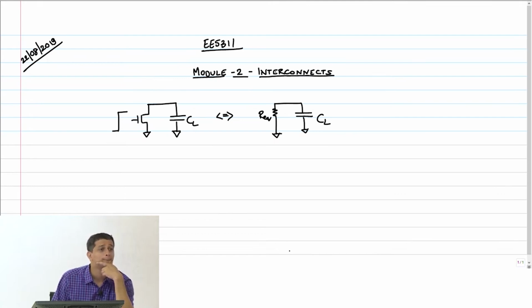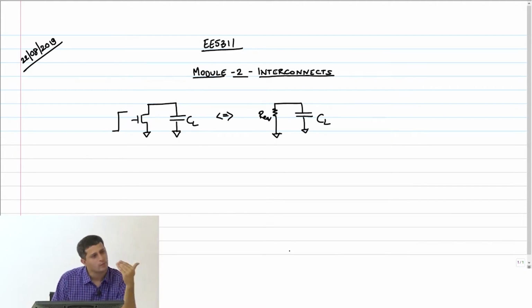That is this thing, but where is the switch that is actually turning it on? So, in this RC model, where should I put my source?